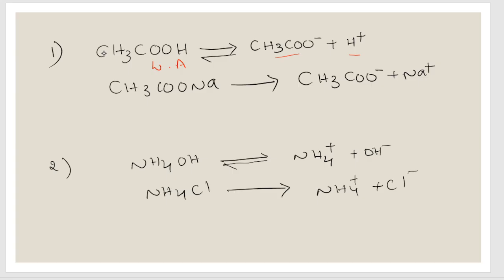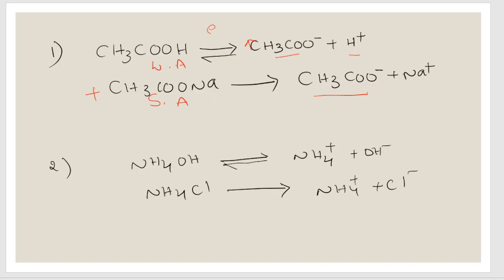For this weak electrolyte already present in water, that means the aqueous solution of CH3COOH, if we add a strong electrolyte like sodium acetate, which dissociates into CH3COO minus and Na plus ions, we have actually increased the concentration of acetate ion.